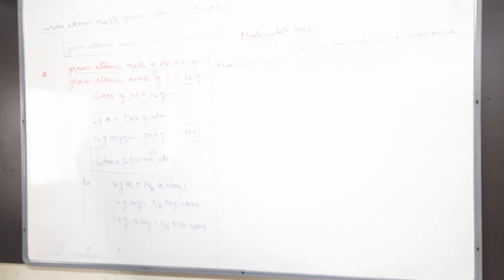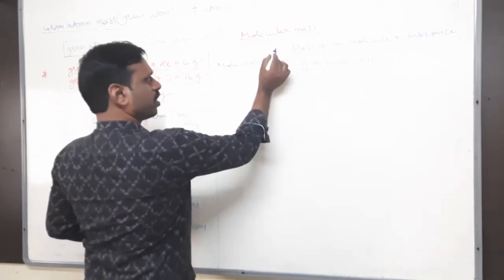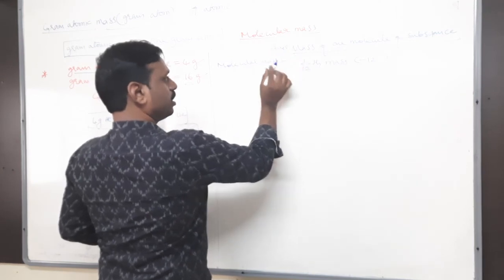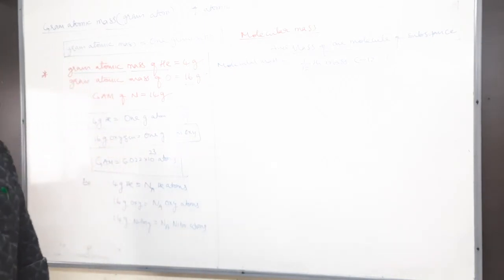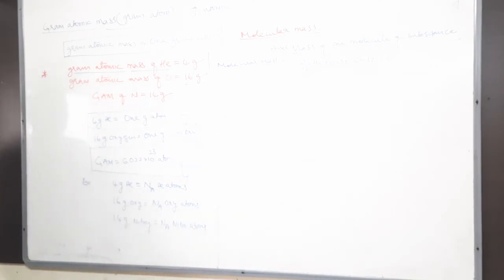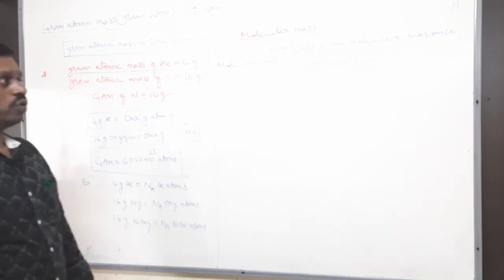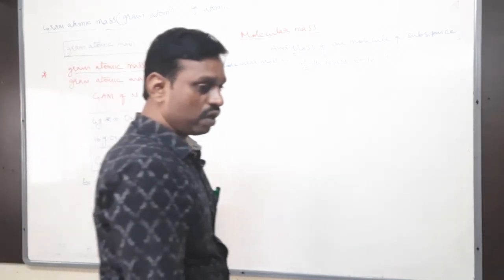How do you define molecular mass? Similar to atomic mass, it is a ratio. Molecular mass is the ratio of the average mass of one molecule of a substance to the 1/12th mass of the carbon 12 isotope.